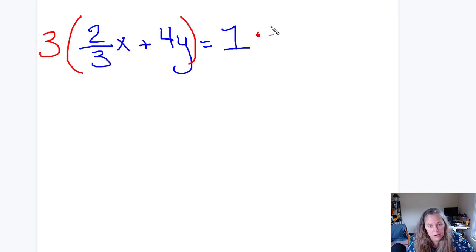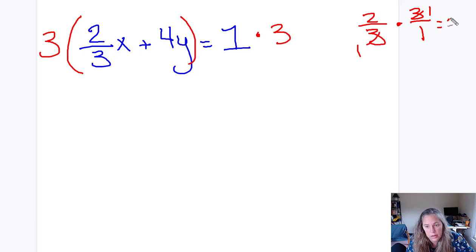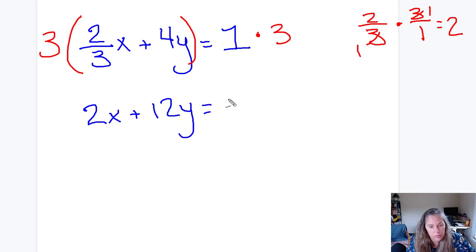The reason I chose 3 is because when you do 2/3 times 3 over 1, the 3's cross cancel. If you are not good at cross canceling, you need to get good at it because we're going to need it for our algebra. So if I multiply everything in this equation by 3, I get 2x plus 12y equals 3.